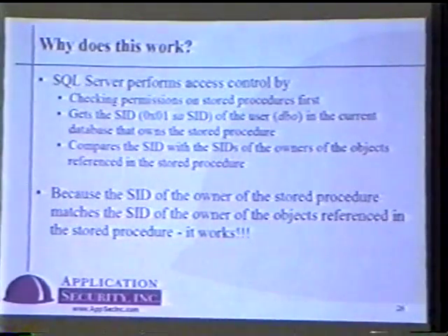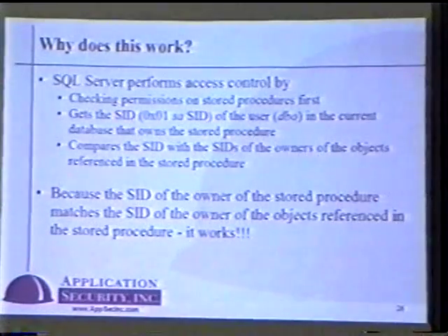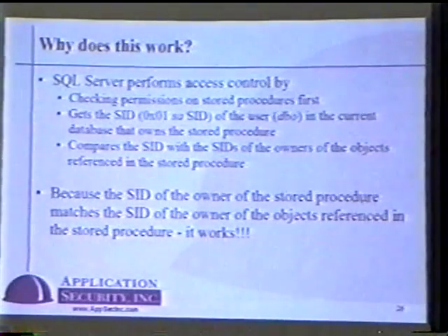Then SQL Server compares that SID with the SIDs of the owners of the objects referenced in the stored procedure. Because the SID of the owner of the stored procedure matches the SID of the owner of the referenced object, the example that we previously saw works fine.